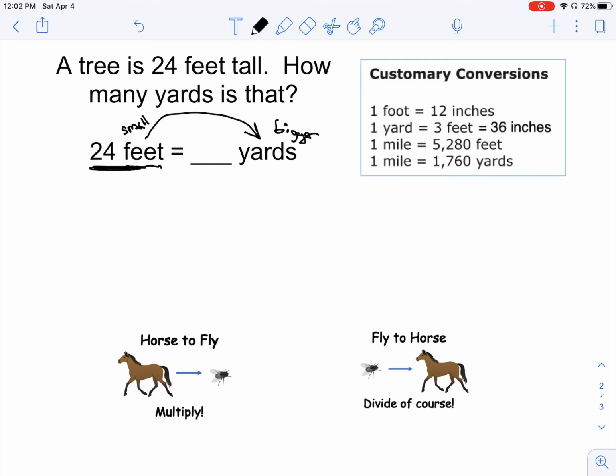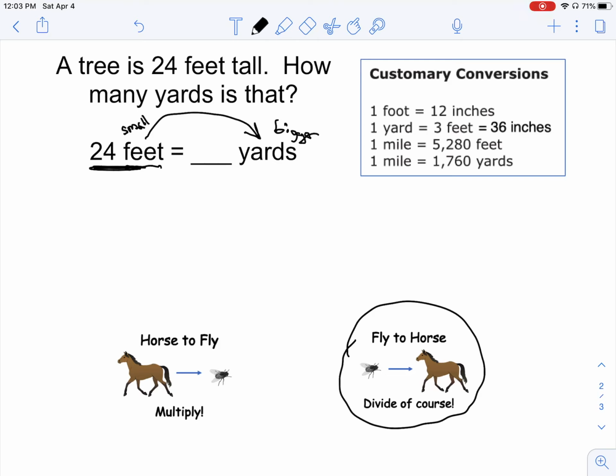So, is that a horse to fly situation or a fly to horse situation? Well, feet are smaller and so are flies. So fly to horse, we're going to need to divide, of course.